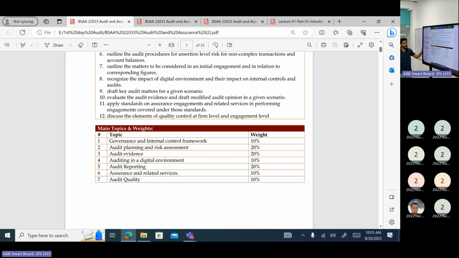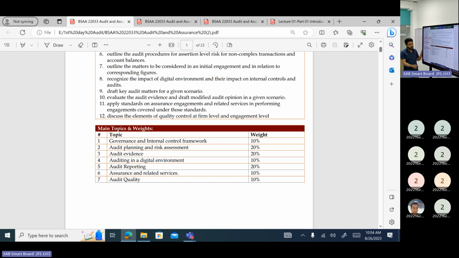These are the 3 areas we are focusing on. In whatever audit, whatever assurance engagement, we have these 3 parts. For the whole syllabus, we touch upon these 3 steps. Other than that, we are not discussing anything. Whatever area we discuss here, you have to relate it to these 3 areas.